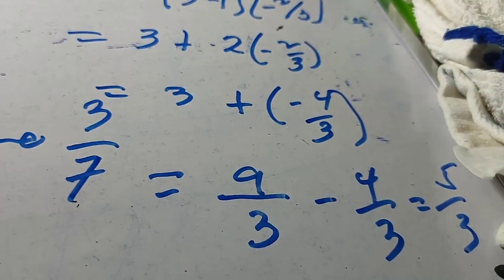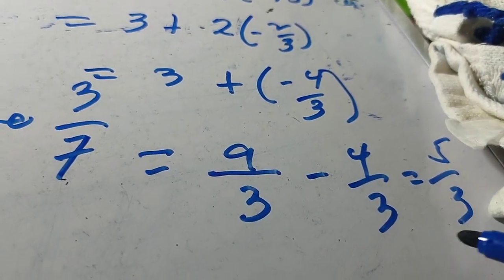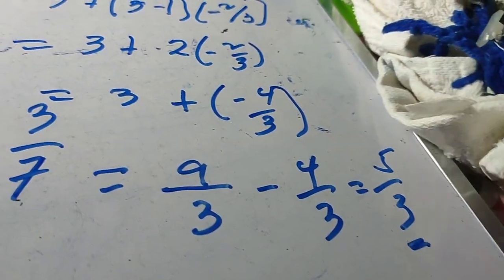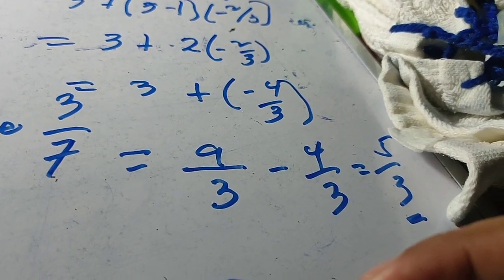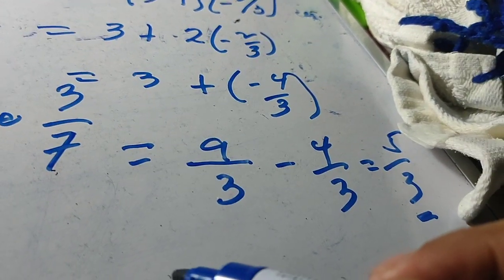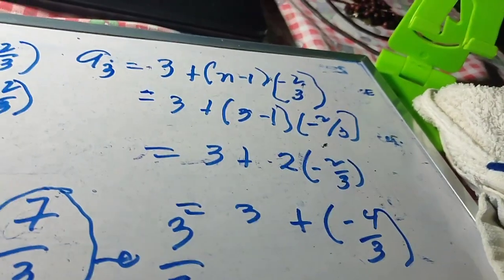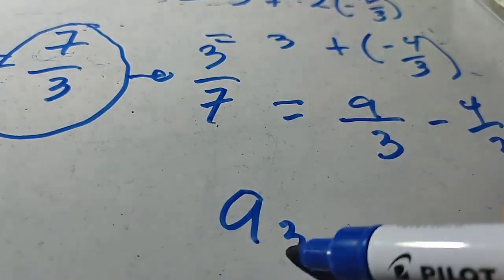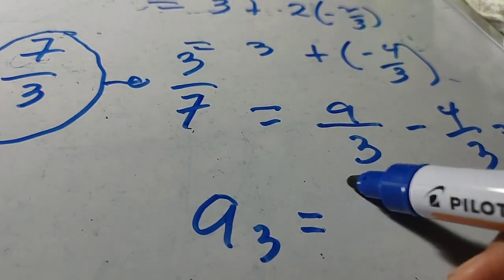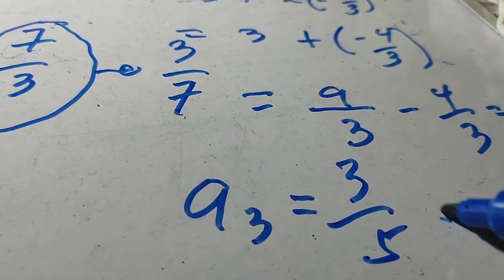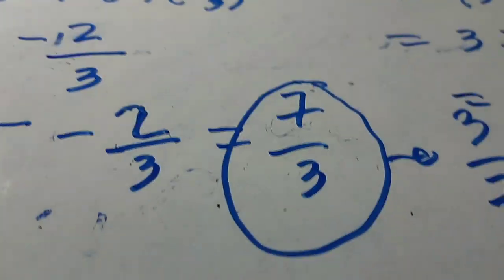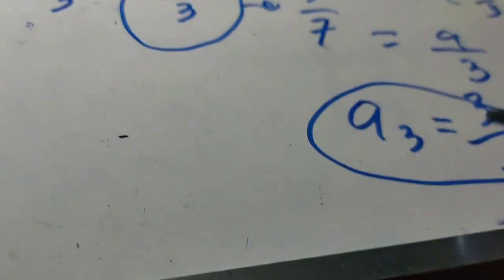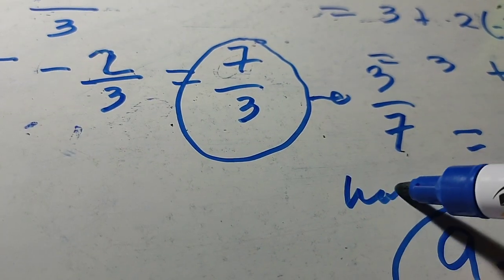So this is our arithmetic sequence answer. So find the harmonic sequence for 5 over 3. Find the reciprocal of 5/3. So a sub 3 now is equal to 3 over 5. That is our answer. So if we're going to write our final answer, this is for the harmonic also.